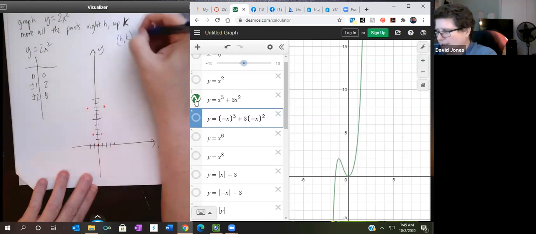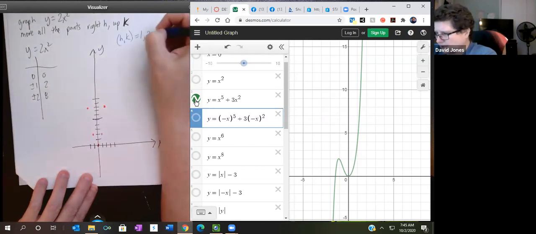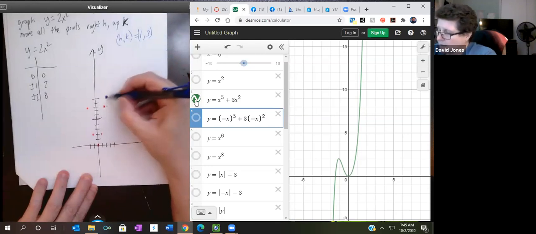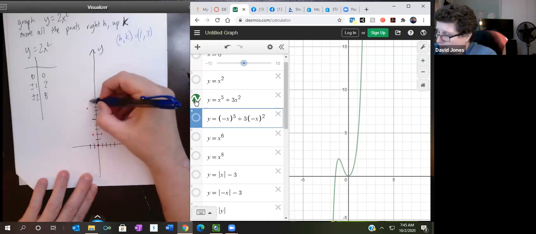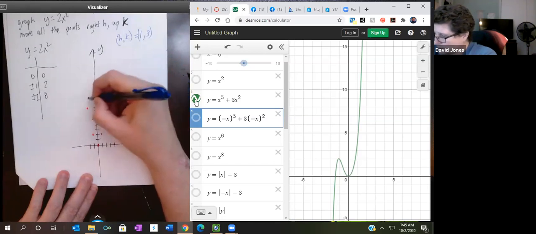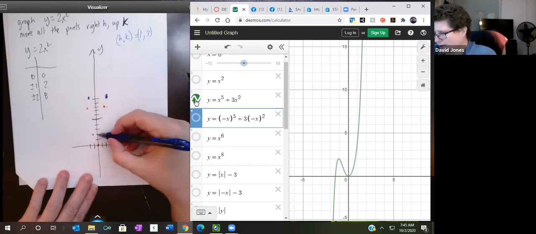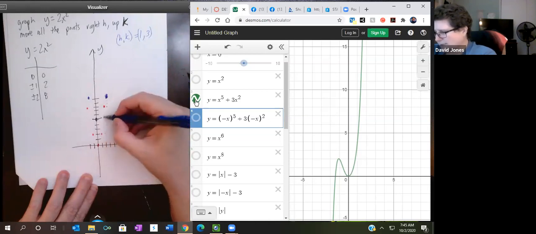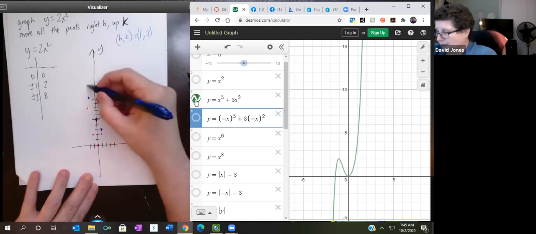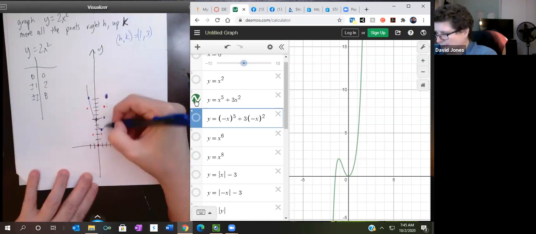HK is 1, 3. So I'm going to move every point right 1, up 3. Right 1, up 3. Then do the parabola.